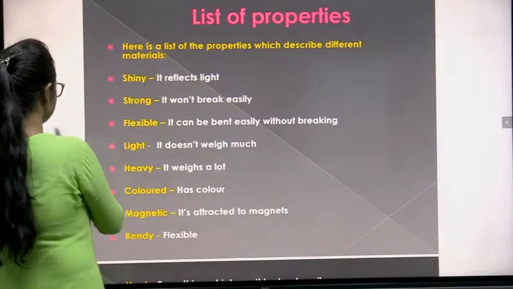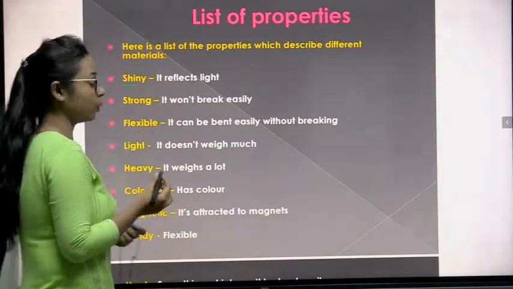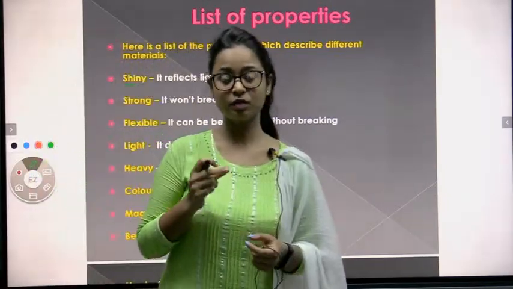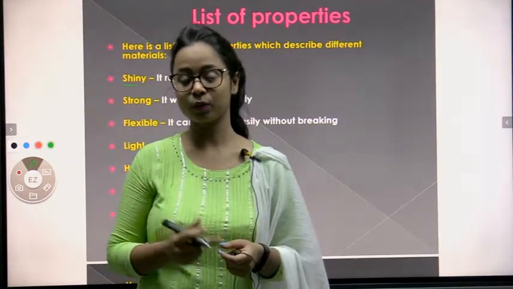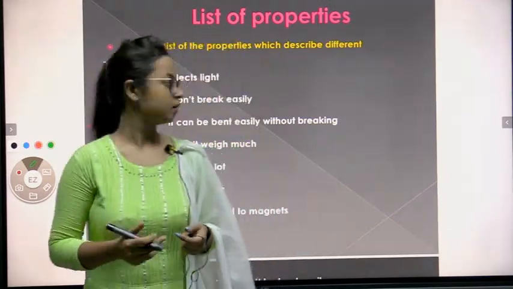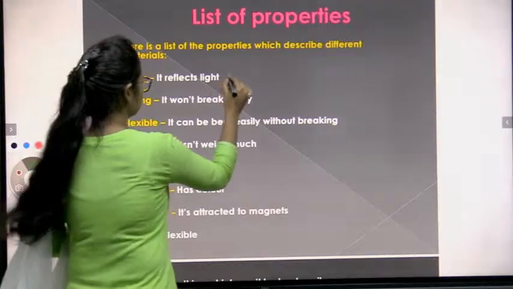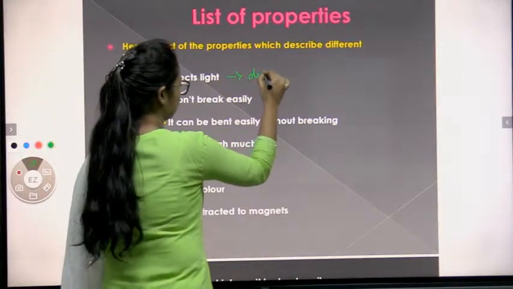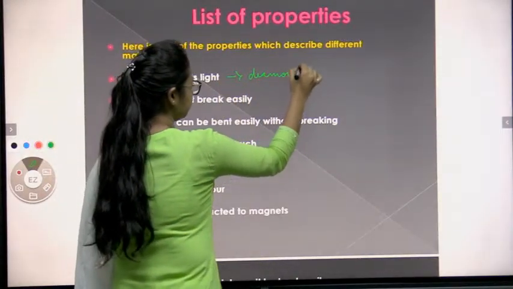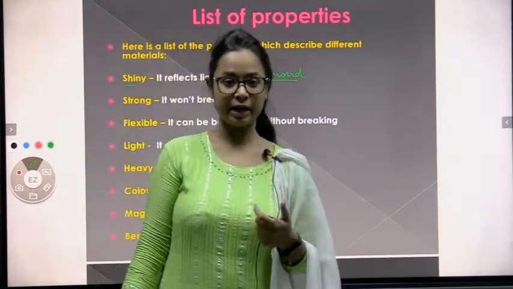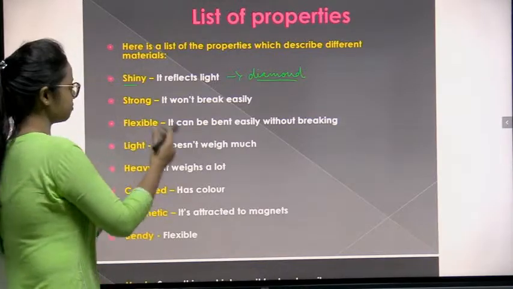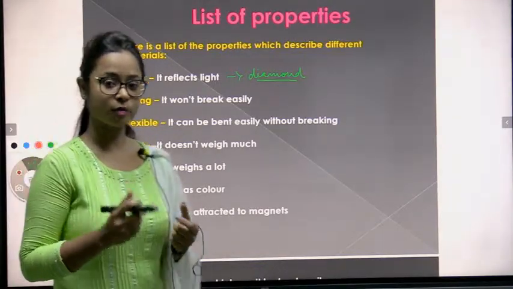First is shiny. What do you mean by shiny? When it reflects light. When I say the word shiny, what comes to your mind? We can say a diamond. Why? Because it reflects light. So something which reflects light is called a shiny object.